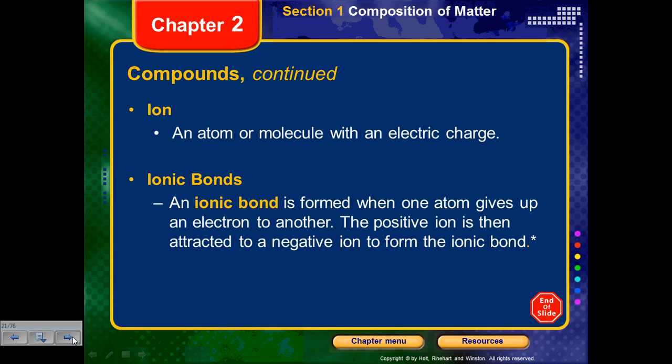Did everybody put some examples down for covalent bond? Well, it says the X, and that means examples. So like H2O is a good example, or carbon dioxide, CO2, or CH4. Those are all examples we did. Oh, and N2 we did.